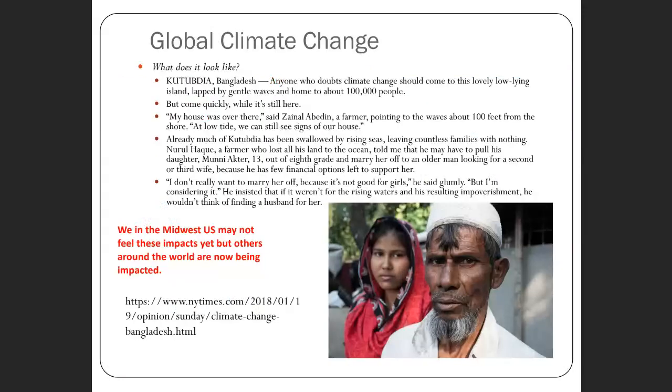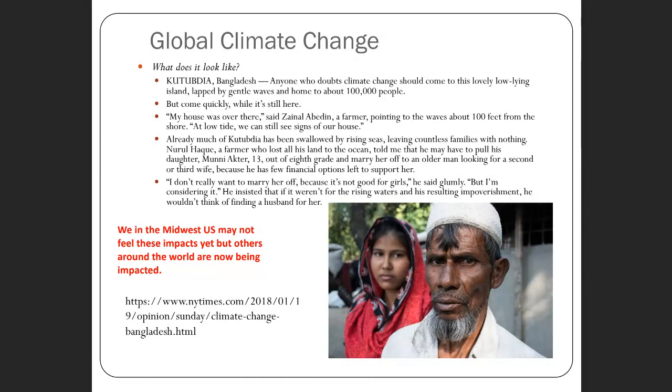So again, why do we want to undertake this challenge? Well, we have to think about all the other human beings on the planet. Remember, we met this gentleman from Bangladesh who unfortunately had to marry his young daughter off because his house and his farm had been swallowed up by the rising sea levels.